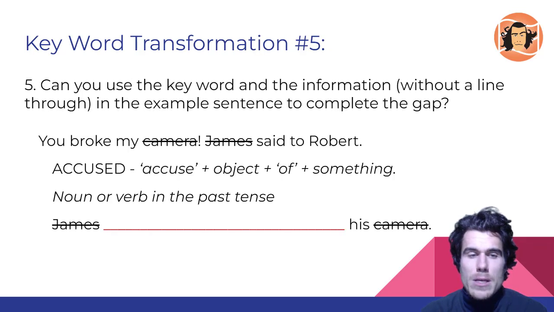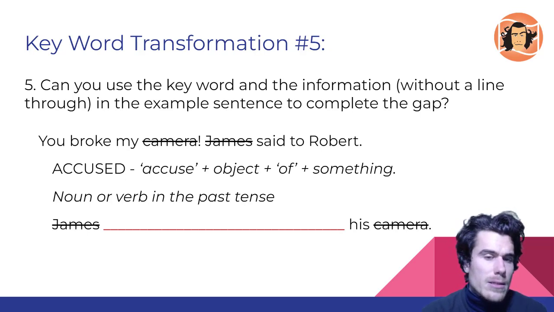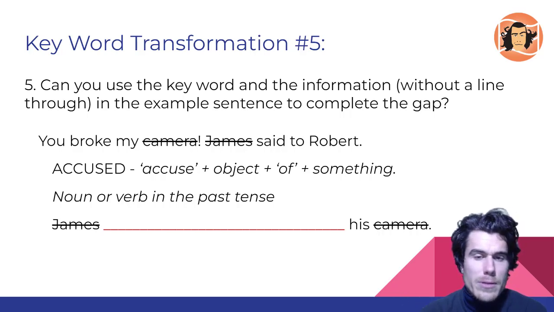Step 5. Can we use the keyword and the information without a line through in the example sentence to complete the gap? So we have "you broke my" and "said to Robert" and the word accused. Can we use that information to complete the gap? Pause the video and try to complete the gap using that information.